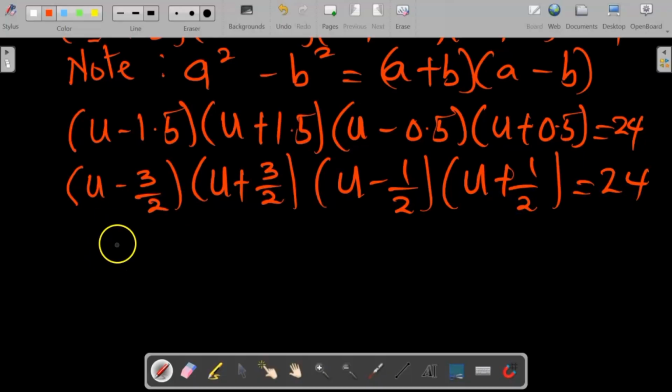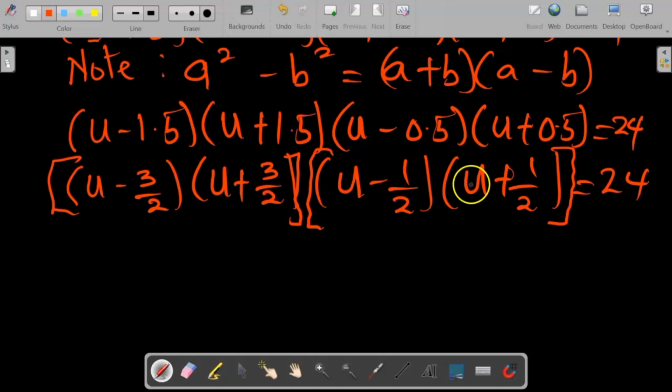Now, these two are a difference of two squares, and also those other two. So we can now bring the differences of two squares together.